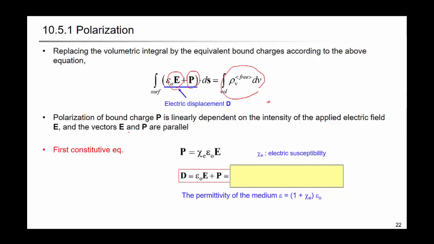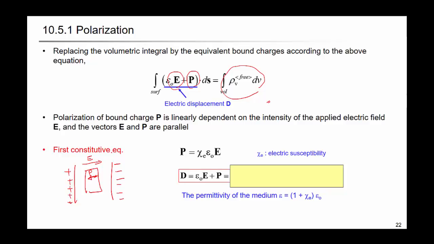The vectors E and P are parallel, so when you have a material that's polarized, P, and this will be the other way, because the electric field is in this direction. If E increases, then the magnitude of the polarization will increase too.